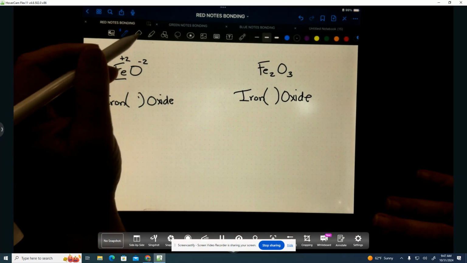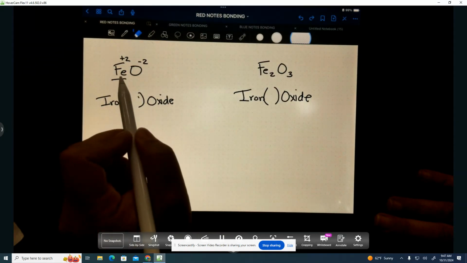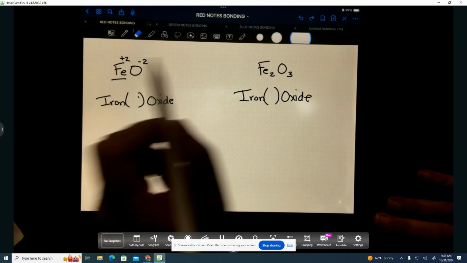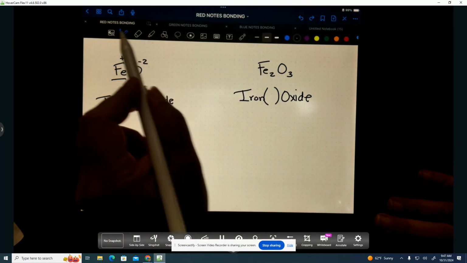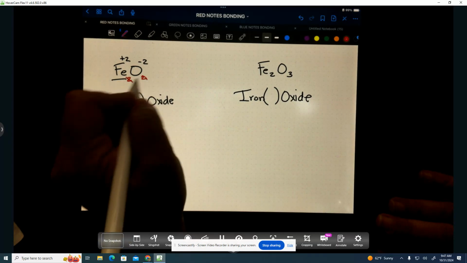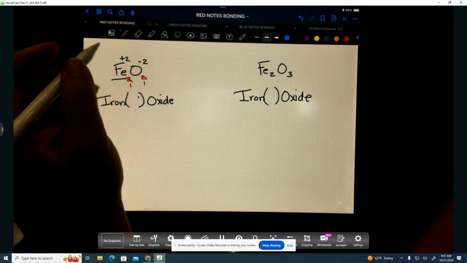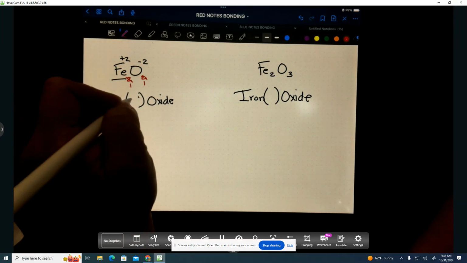In this case, I used the iron plus 2. Because if you think about it, these 2's would cross down, 2 and 2, and would reduce to 1 and 1. So this formula is going to be called iron 2 oxide.